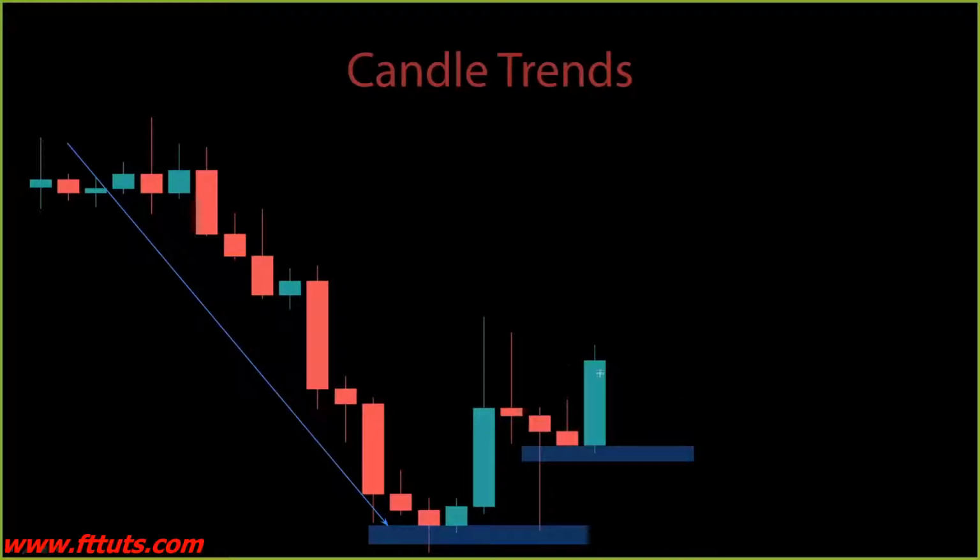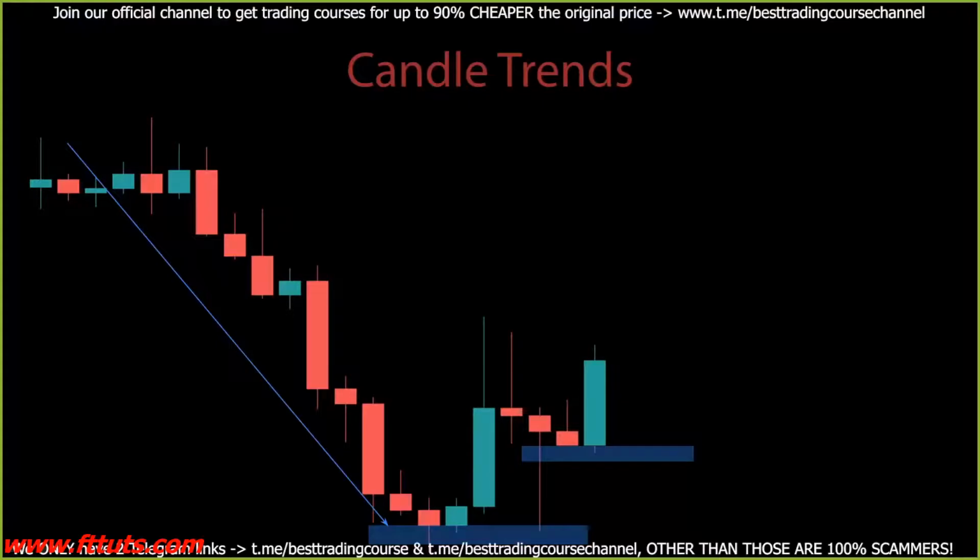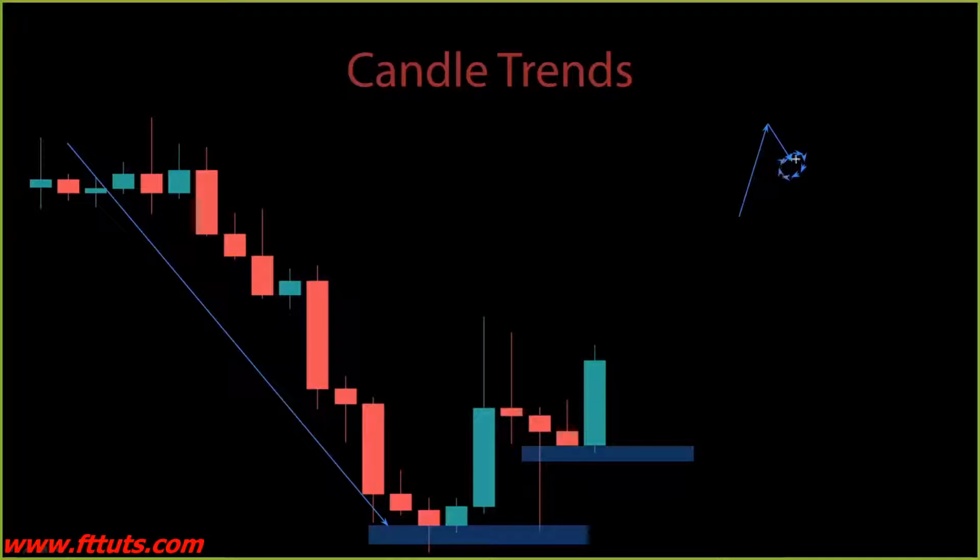Now I want some interaction here. When we're looking at these candles, is this a good time to buy right now? People are saying no. Okay, the stop is going to be too big. This is not a good time to buy right now. Price is moving bullish, but we need a retracement to happen right over here, so you can take a buy and then price can go up.